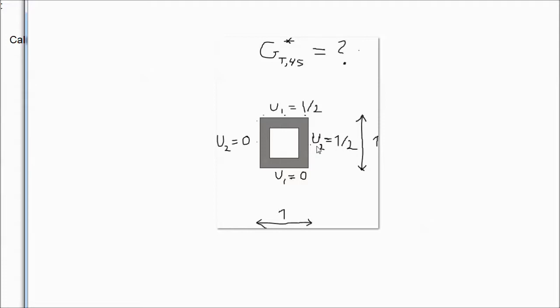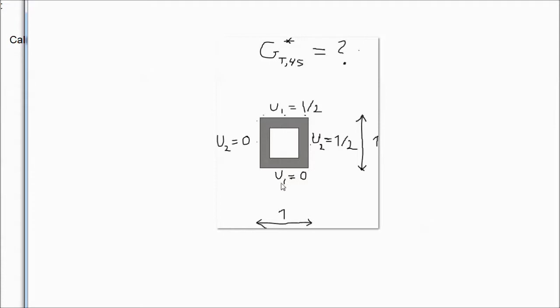So the displacement in the x2 direction, that means the y direction, should be equal to 1/2 here. We could have chosen other values, but it makes the calculation a little bit simpler.